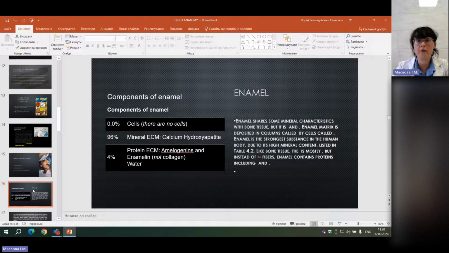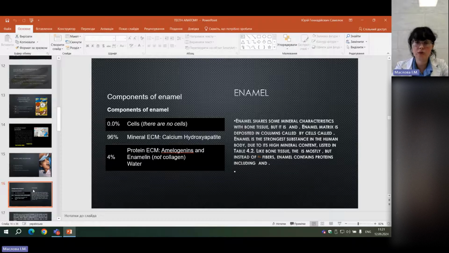First of all, enamel shares some mineral characteristics with bone tissue, and enamel matrix is deposited in columns formed by cells called ameloblasts. Enamel is the strongest substance in the human body due to its high mineral content, listed in the table which you see on your screens.